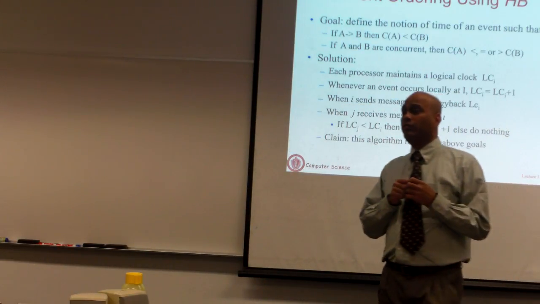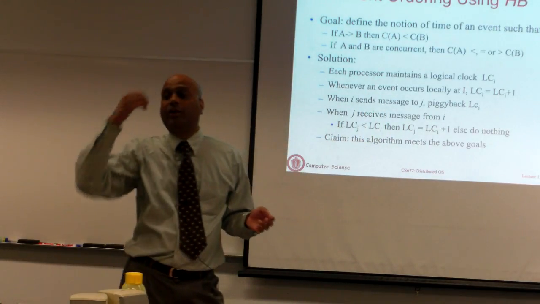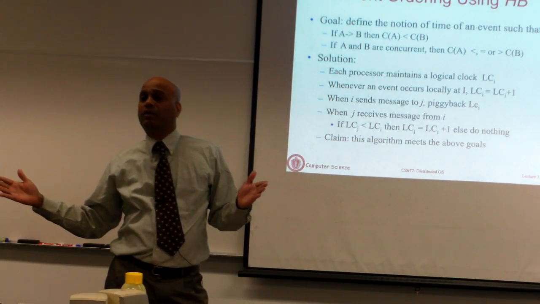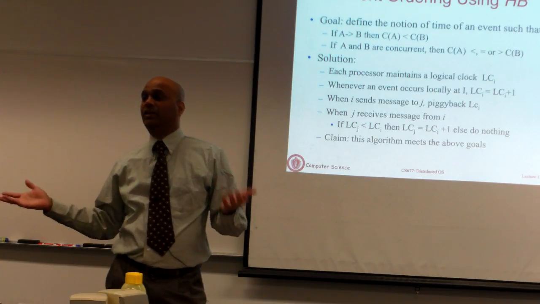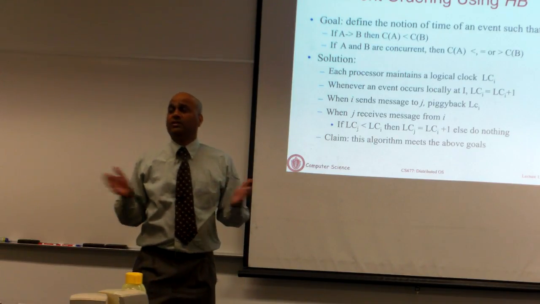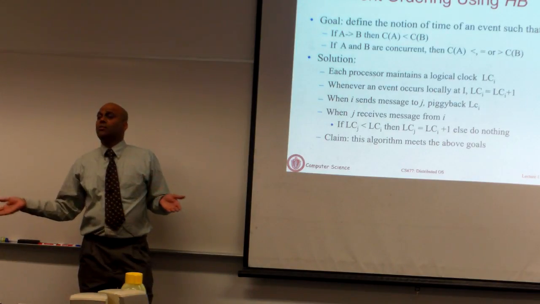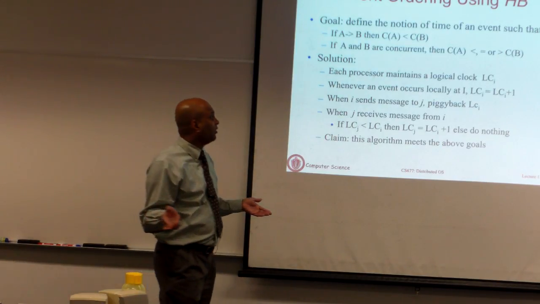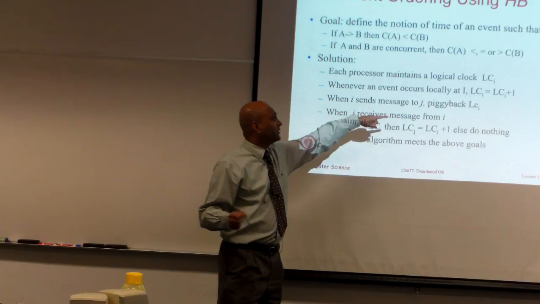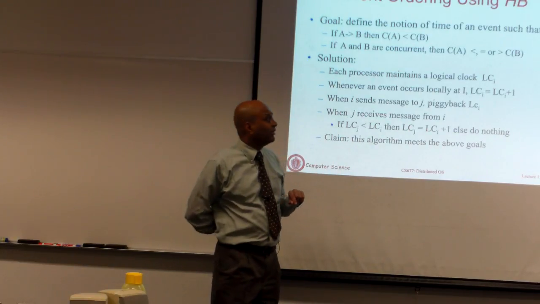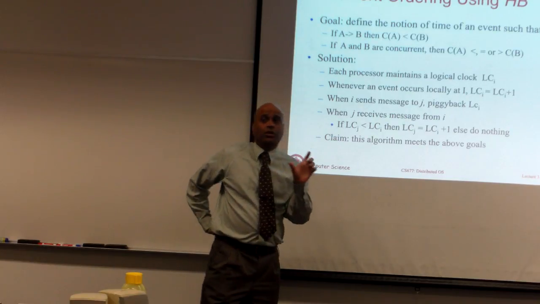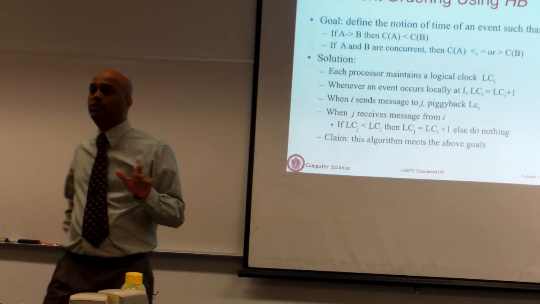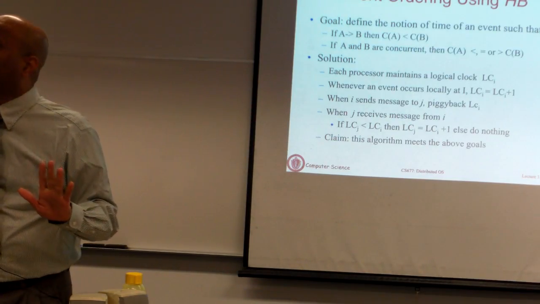Within a process, you can always find an ordering of events, because if instruction i executes before instruction j, and i and j are trigger events, then you say i happened before j, because you tick the clock accordingly. Now when i sends a message to j, you piggyback the clock value of i with the message. When the message is received, you take the max of the 2 logical clocks plus 1.